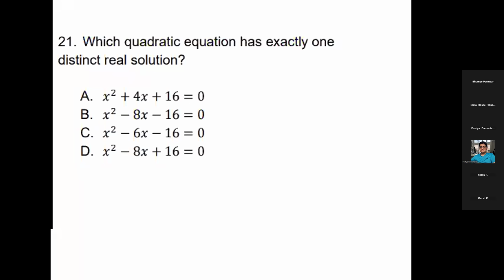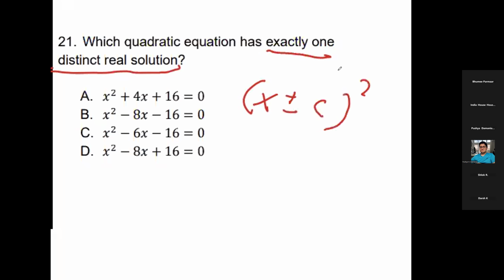Okay, so for a quadratic equation to have exactly one distinct real solution, it has to be in the form x plus or minus some constant value squared.